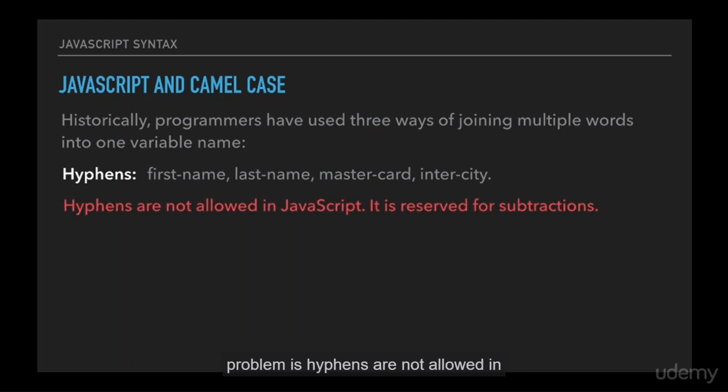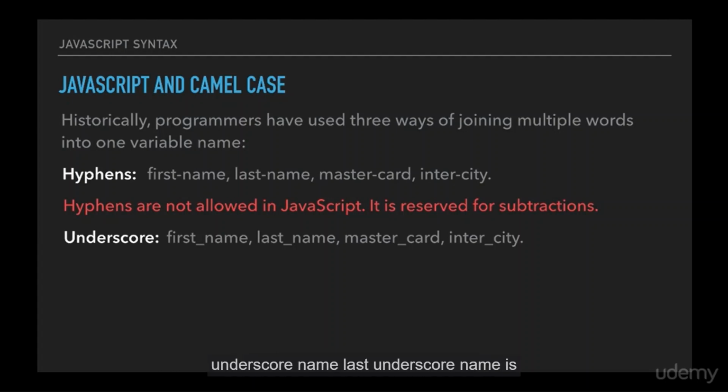But the problem is hyphens are not allowed in JavaScript. It is reserved for subtraction. Underscore: first_name, last_name is another way of defining an identifier or a variable, which is an acceptable approach. But there's a third approach, which is camel case.